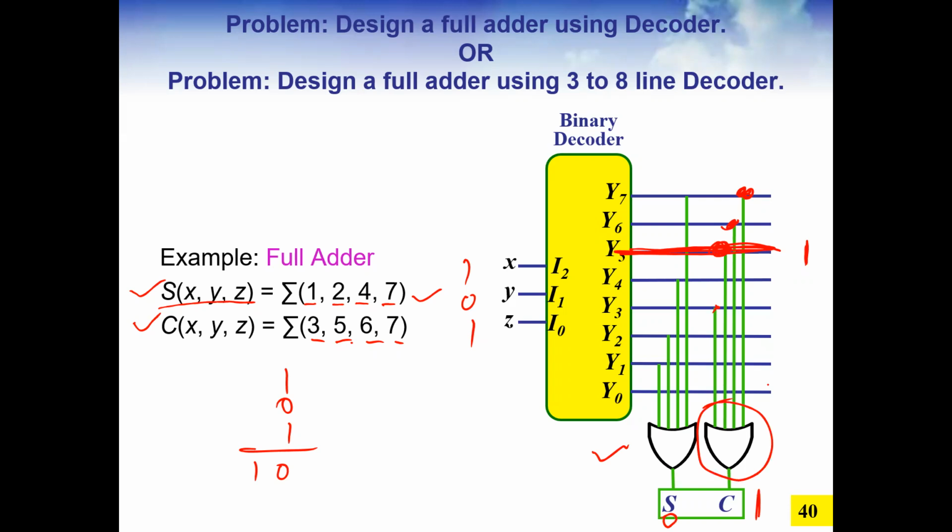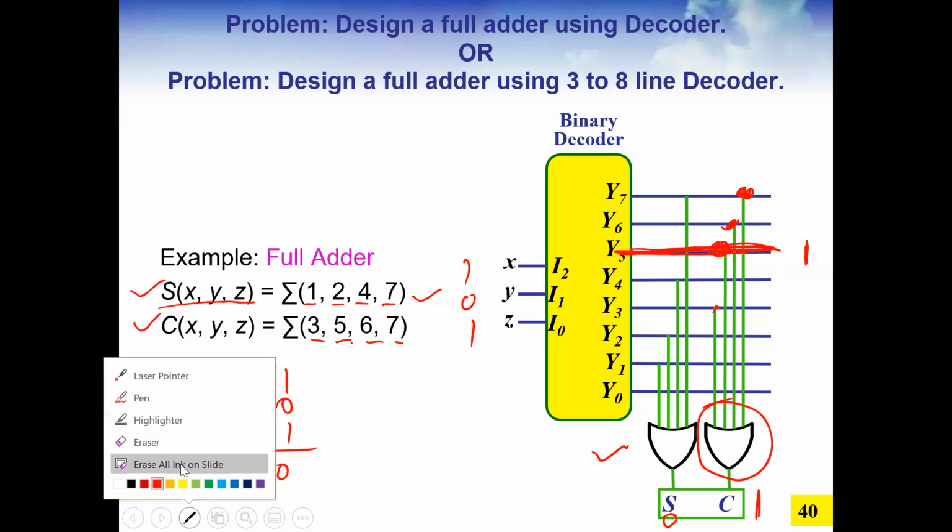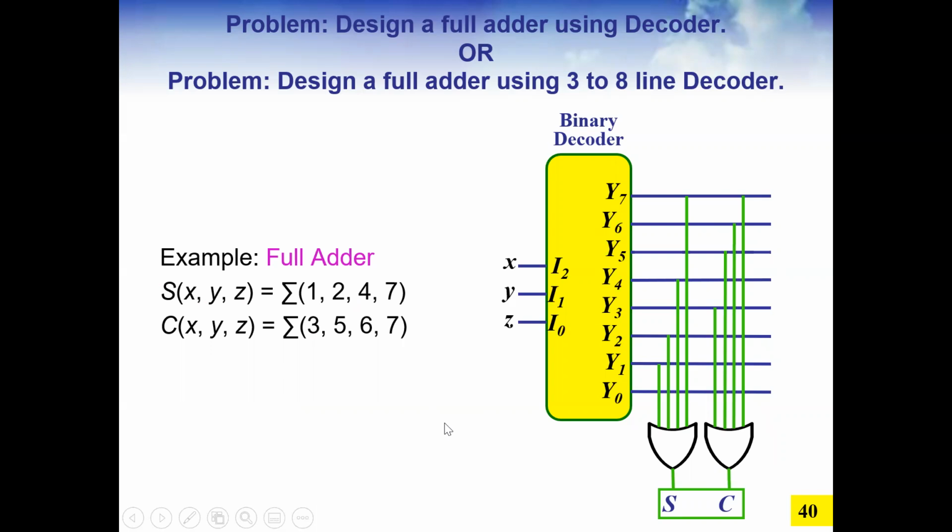It is a very basic thing, a basic understanding of the adder and the decoder. Similarly, if you have any other function, you can also design it by using a decoder, provided you know the minterms. And you don't need more decoders: if you want to design 2 functions, 1 decoder is sufficient.